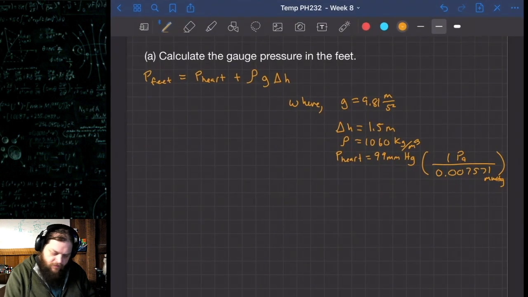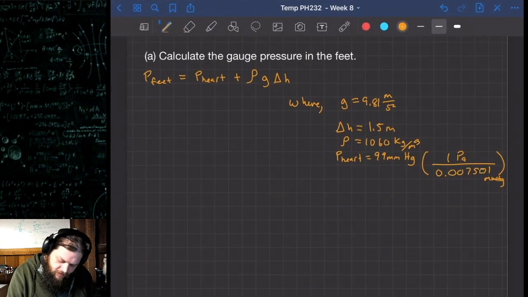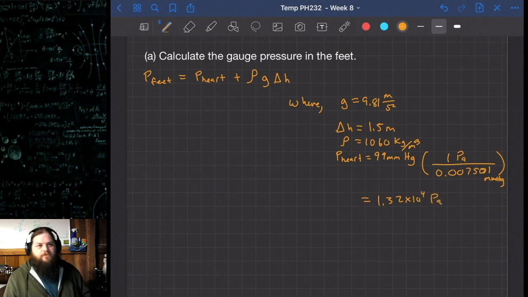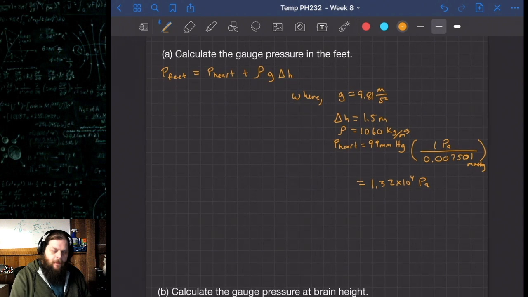Okay. And I said that was equal to 1.32 times 10 to the 4th Pascal, roughly speaking. And this is the pressure at the heart.